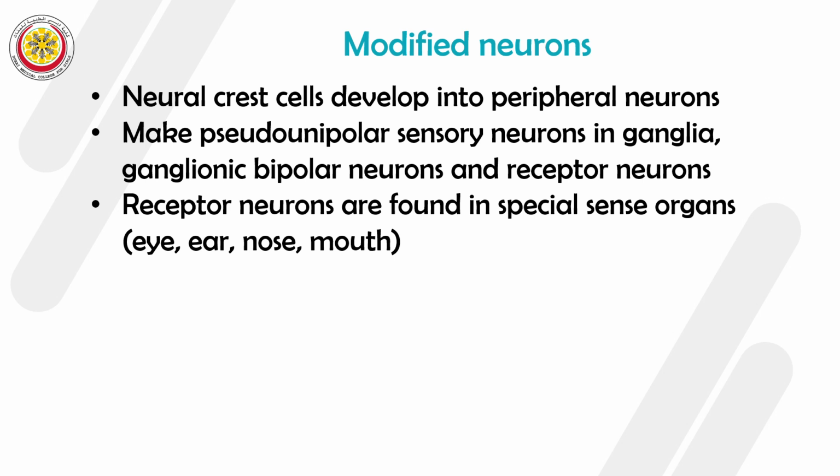When we come to identifying them as first order, second order, and third order, there is confusion. Are we going to start counting from the special cells which are modified to become receptors? Do we call the receptor a neuron because it's a modified neuron?